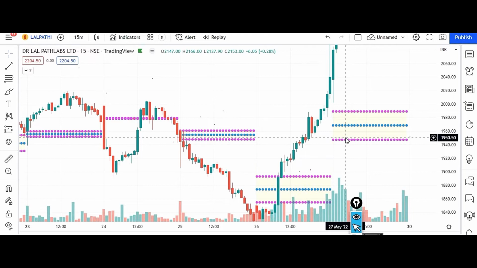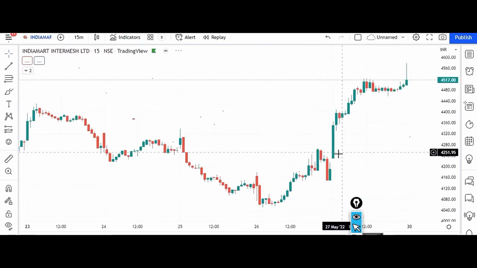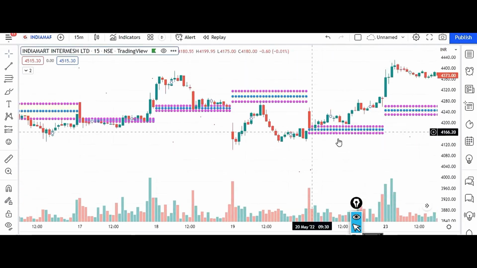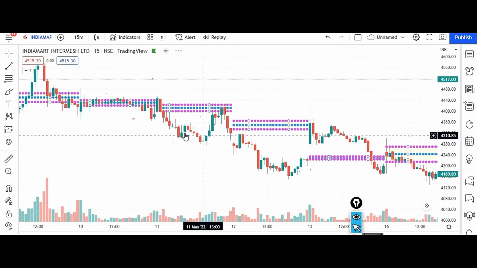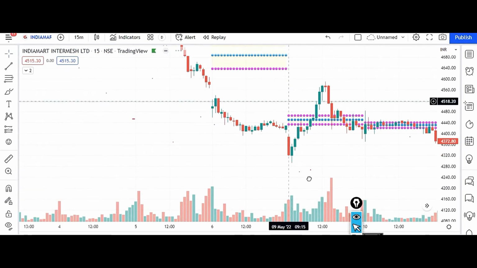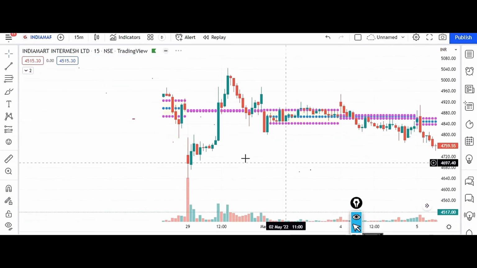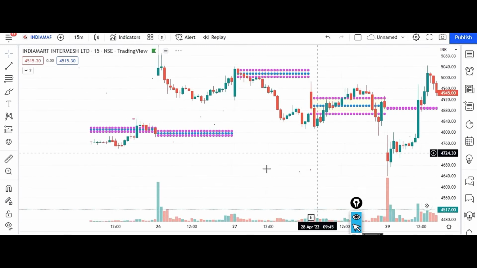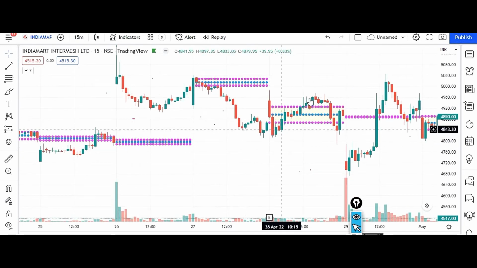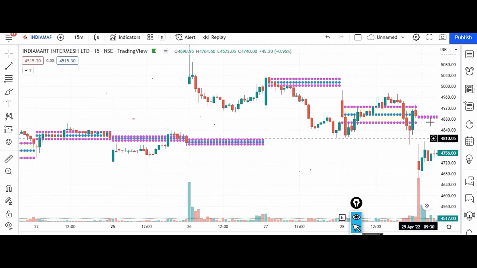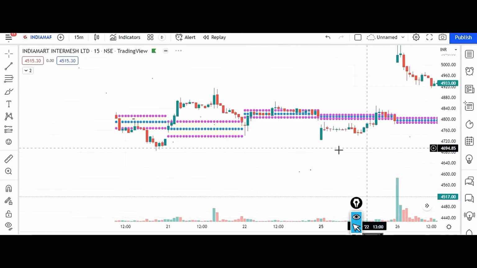Okay, let's move to the next stock. Let's figure out how price behaves. This is wide CPR, went very far from wide CPR. Price opened between these levels, is in range bound, upside and downside, not a good day.